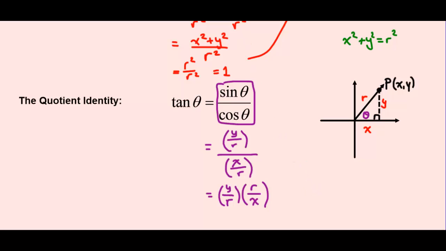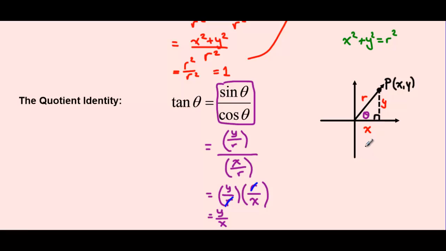Well, with these two fractions multiplying, we can now reduce or cancel anything we see that's the same in the top and bottom. So this r right here can cancel with this r right here, and we're left with y over x. Well, y over x happens to be the opposite side over the adjacent side.